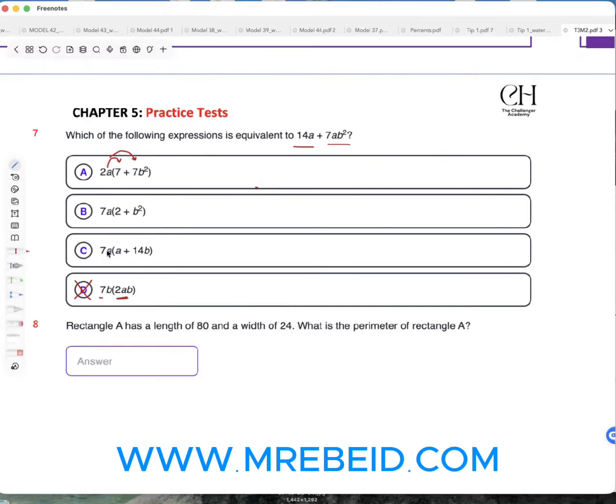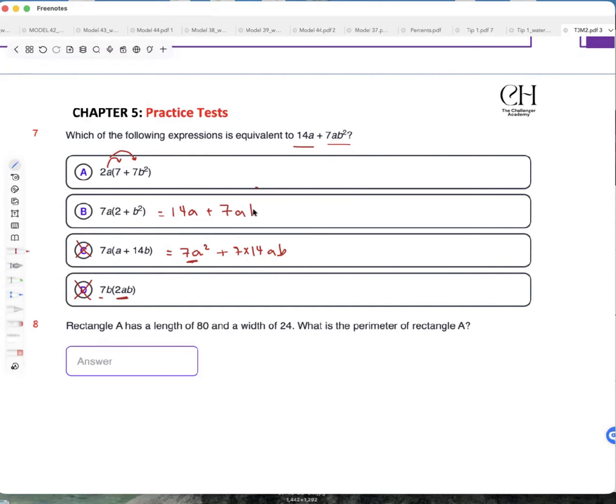We can check C: 7a times a will be 7a squared, which is not correct, and the other term, 7 times b, is not correct. So check B: 7a times 2 will be 14a, and 7a times b squared will be 7ab squared, which is equivalent to the expression above. So the answer is B.